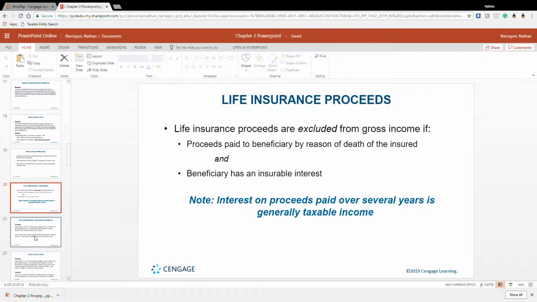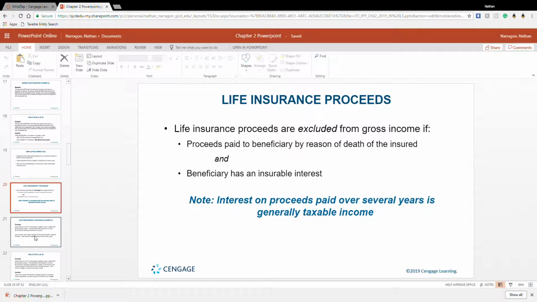These are excluded from gross income. They're not going to tax someone that had a bad time and lost someone that they care for. So, proceeds paid to beneficiaries by reason of death of the insured, where the beneficiary has an insurable interest, are basically going to be excluded.